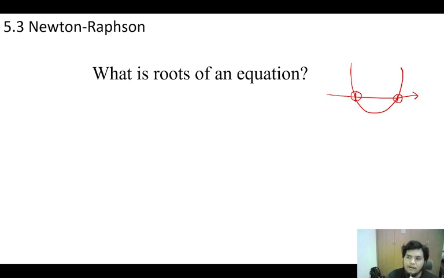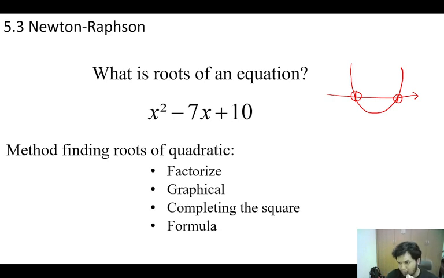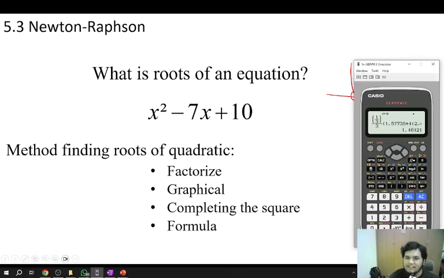We have many ways to find roots. We can factorize, we can use the graphical method, we can use completing the square, as well as the formula. Most of you are just familiar with the EQN function on the calculator.